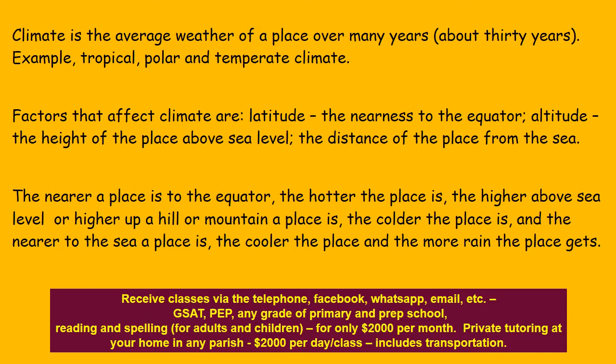Okay? Example, you have tropical climate, polar climate, and temperate climate. What is tropical climate? Tropical climate is hot climate, as what we have in Jamaica. Jamaica, our country here, we have a tropical climate. That means we have sun shining most of the time.